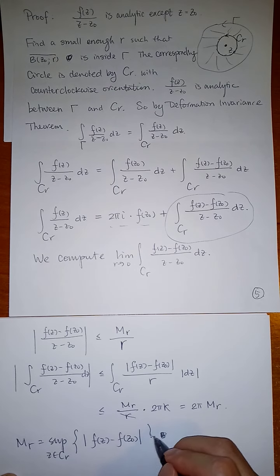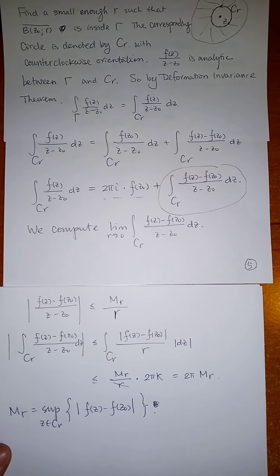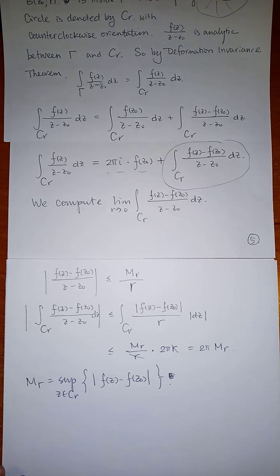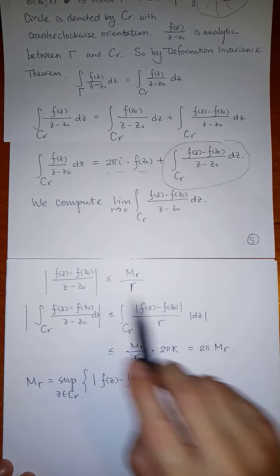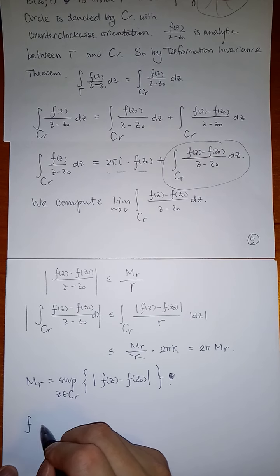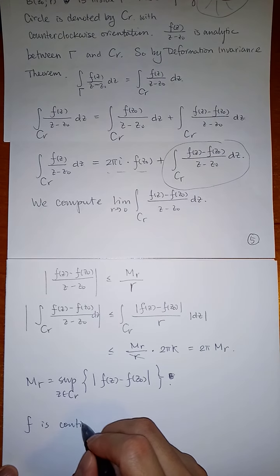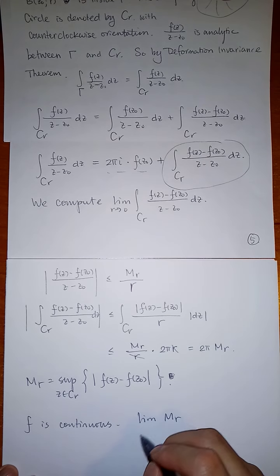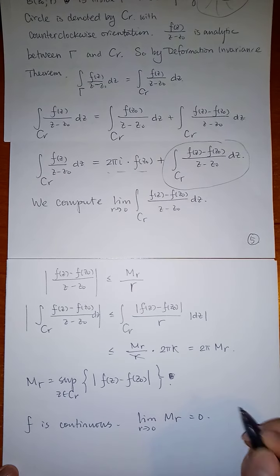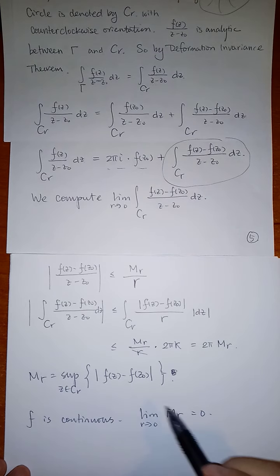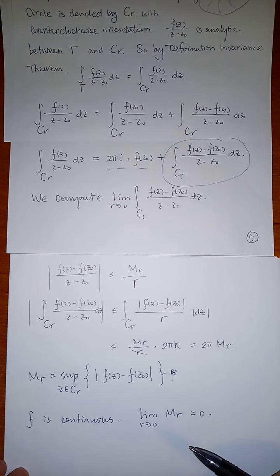Yeah. Okay, so this is M_r. The maximum value over the circle of a continuous function is a finite number, and also f is continuous. f analytic, f is of course continuous. f is continuous, then the difference will approach 0 because it is continuous. f(z) approaches f(z0), then the absolute value of f(z) minus f(z0) is going to be 0.